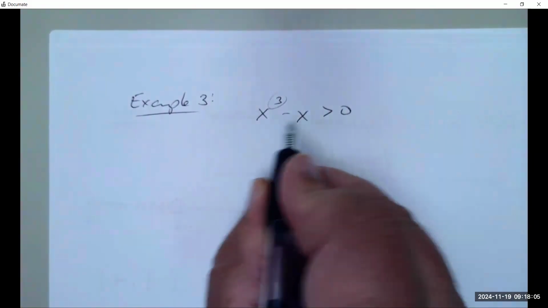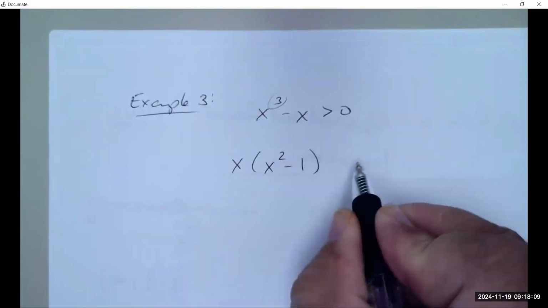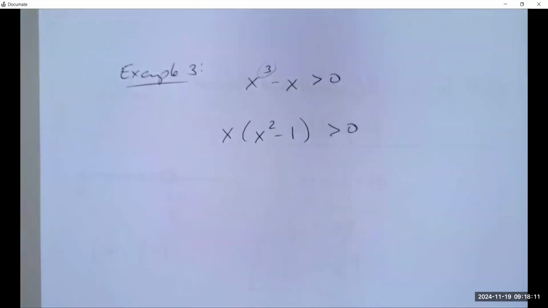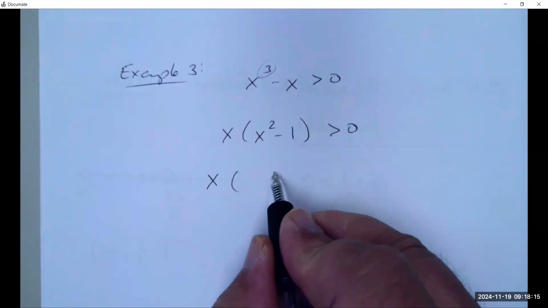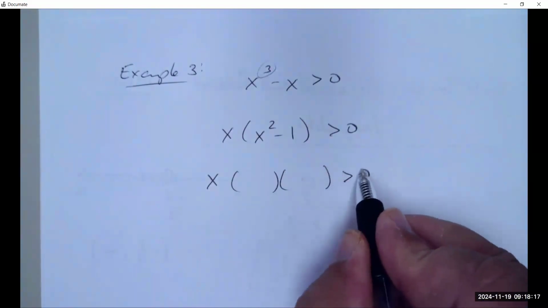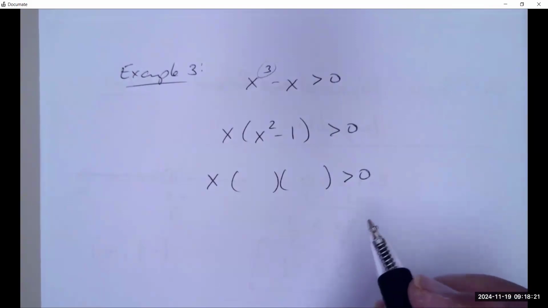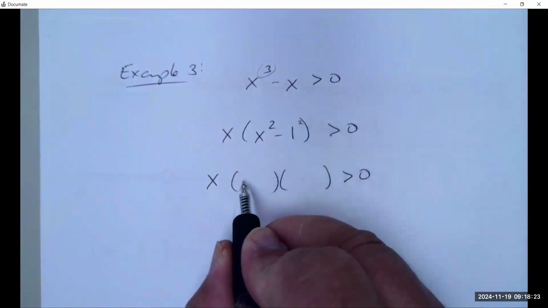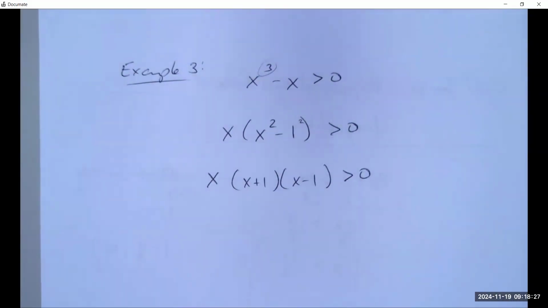And what can we factor out? So we have x squared minus 1. Can we factor x squared minus 1? What is it? The difference of 2 squares. x squared minus 1 squared makes it x plus 1, x minus 1. Very good.